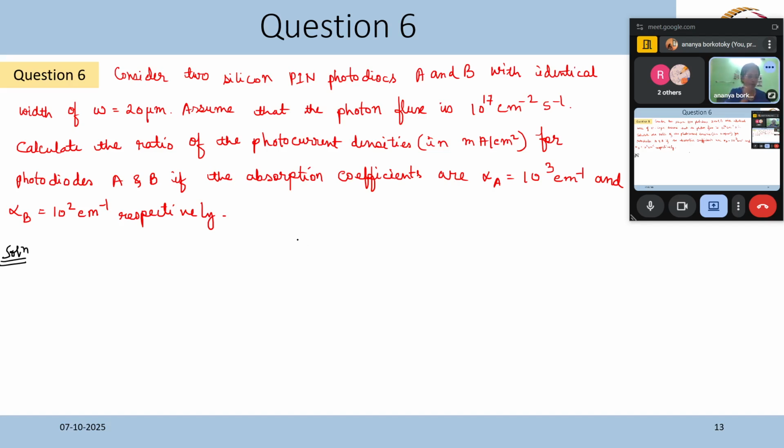So we know the expression for a PIN diode.